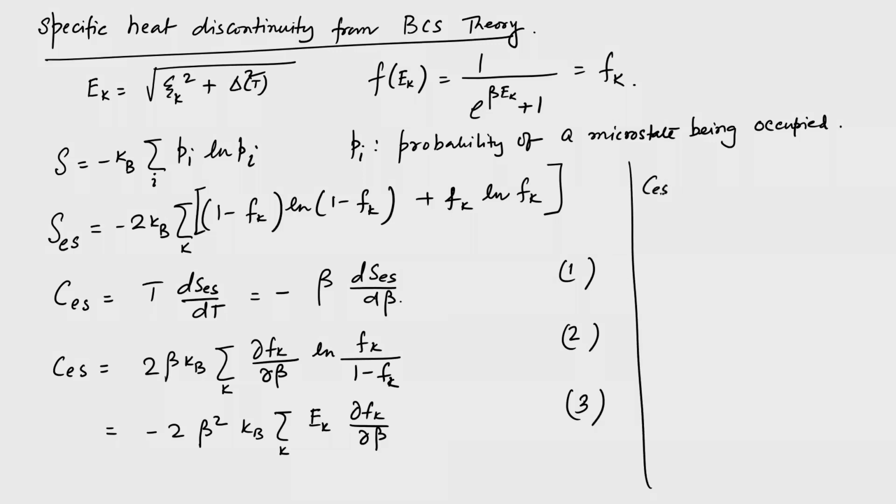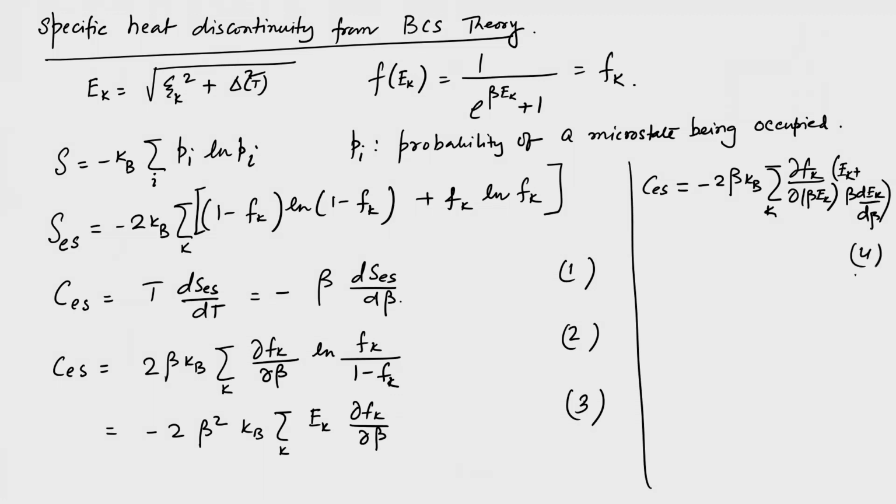So, C_ES is equal to minus 2 beta squared k sum over k, del f_k del beta times E_k, and this is equal to E_k plus beta dE_k. Let me write it cleanly. So, there is a beta dE_k d beta.